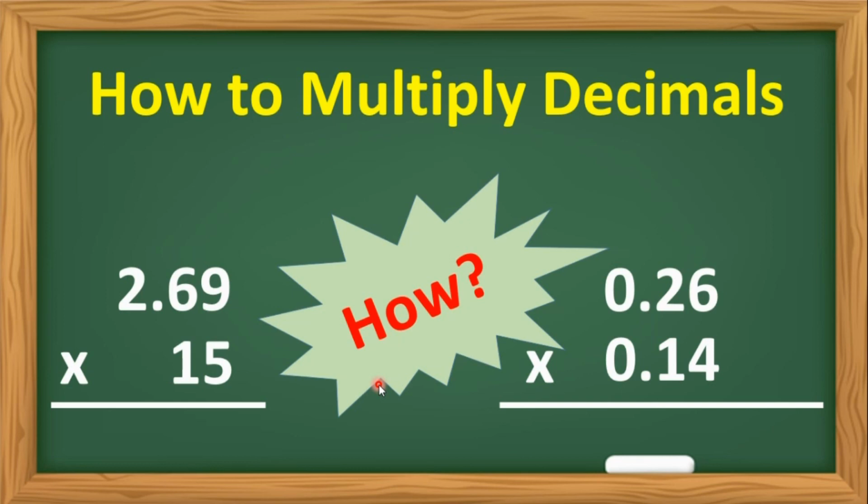For example, we have 2 and 69 hundredths times 15. 2 and 69 hundredths, ito yung tinatawag na decimal or mixed decimal, times 15, our whole number. Dito naman sa kabila is a decimal number, ang whole number part niya ay walang zero, ang decimal part is mayroon, 26 hundredths times another decimal number which is 14 hundredths.